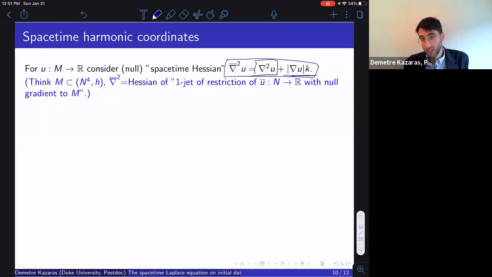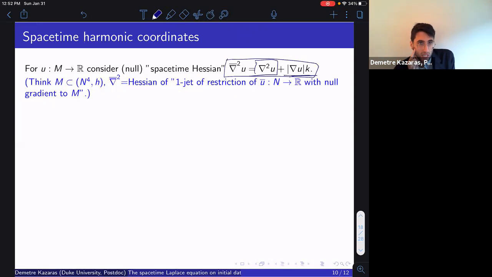That's what k literally is, the difference of those connections. And now the Hessian of a function is dependent on a connection, because you're taking the gradient of a vector field, being the gradient of u. So you're taking the covariant derivative of the gradient of u. You need a connection to define this object.